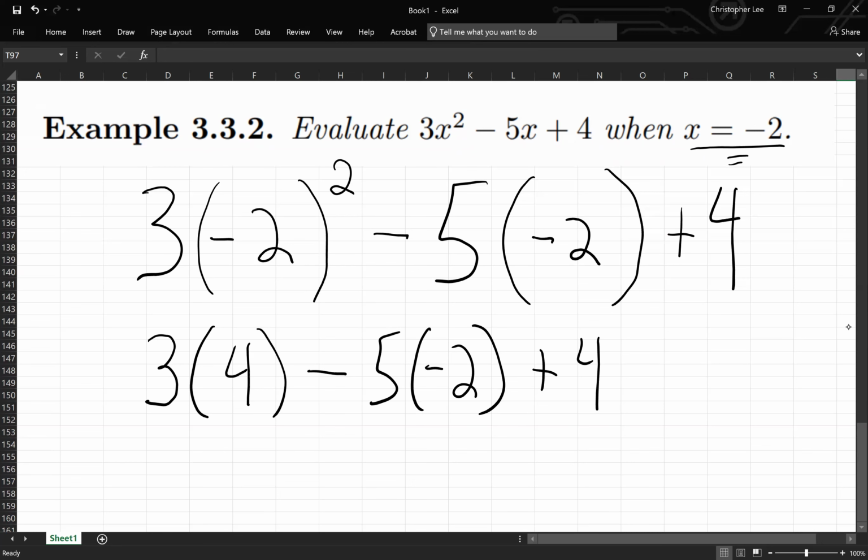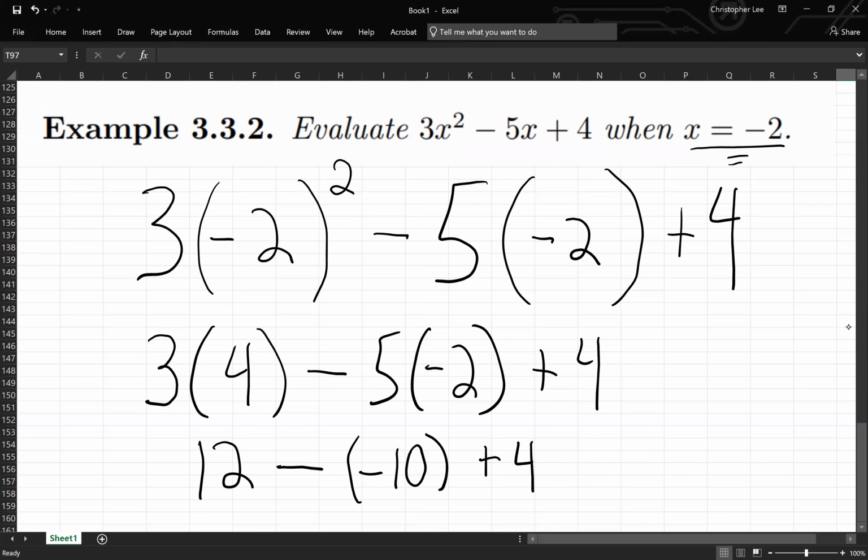We want to go from left to right, doing our multiplication. What's 3 times 4? 12. Very good. All right. Minus, this is very hard now. What's 5 times negative 2? Very good. Negative 10. All right. And then just plus 4.